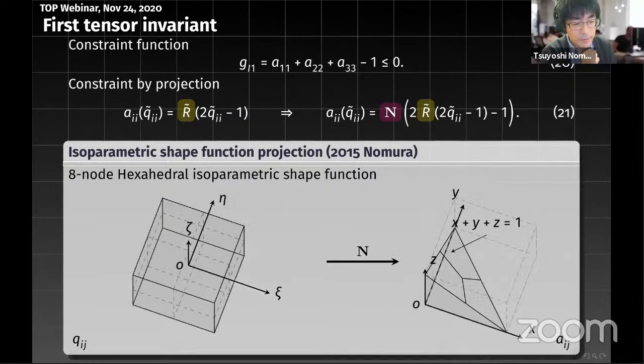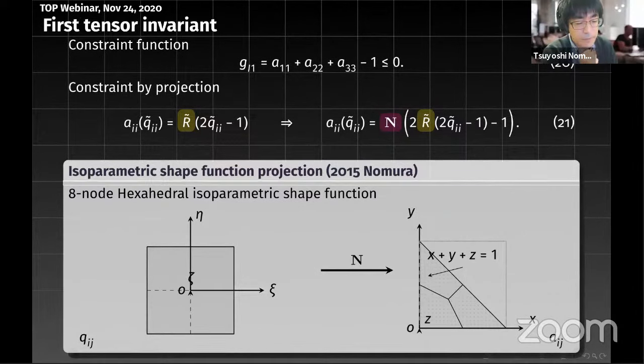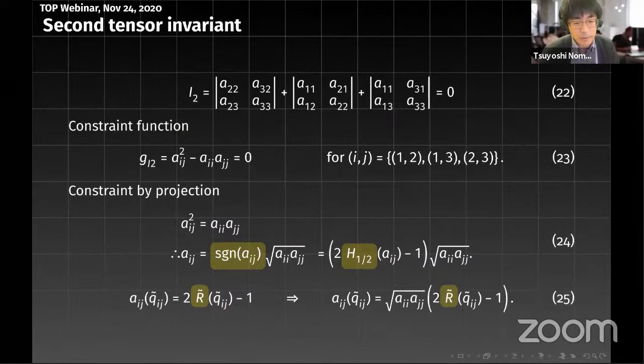That is a trick, and this can be applied to the 2-dimensional problem as well. I also use another projection to keep the second tensor invariant constant.